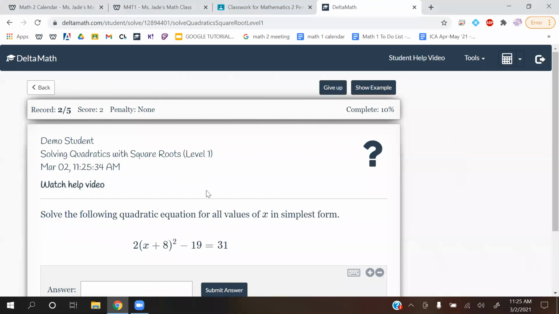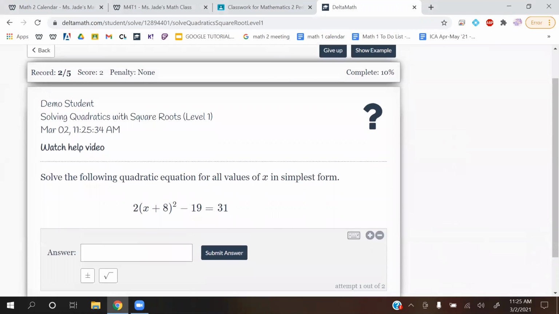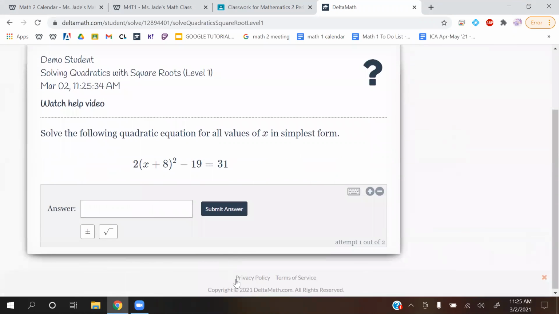Okay, next problem. Let's do one more of these. And annotate and write in black. Okay, so once again, let's get our x by itself. And to start off with, we want to add 19 to both sides. We will get 2 parentheses x plus 8 squared.